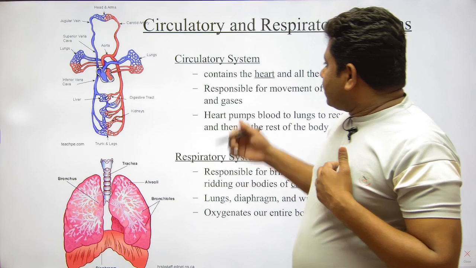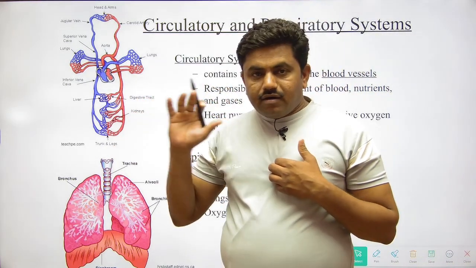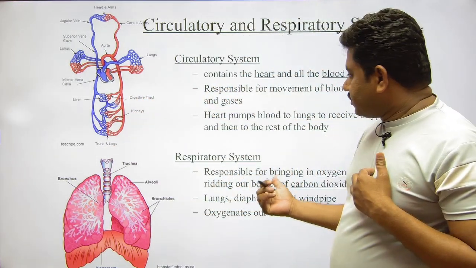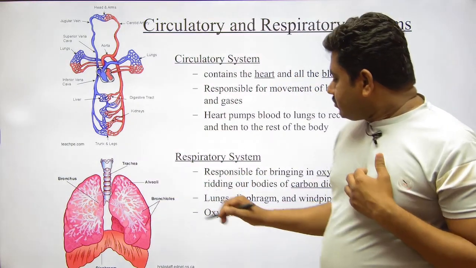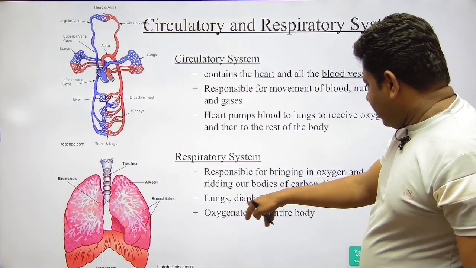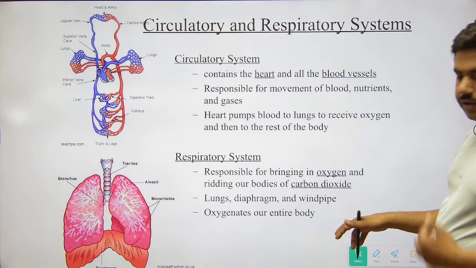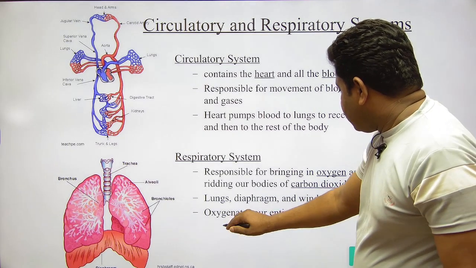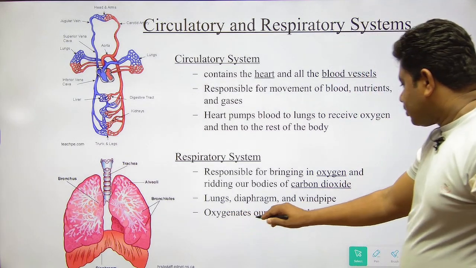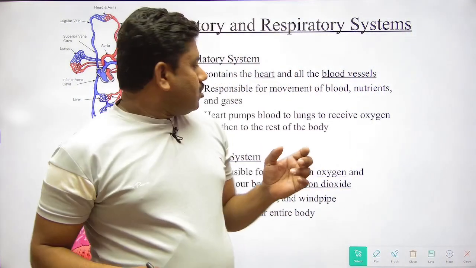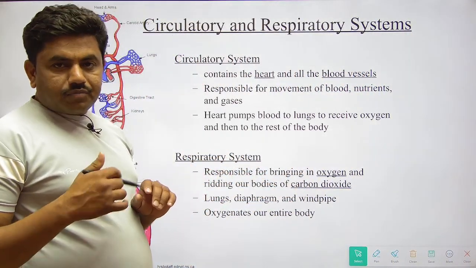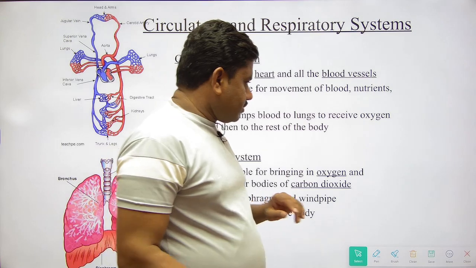In this way, the circulatory system is related to the heart, and the respiratory system is related to the lungs, diaphragm, and windpipe. See here, they oxygenate our entire body, providing oxygen through the blood.